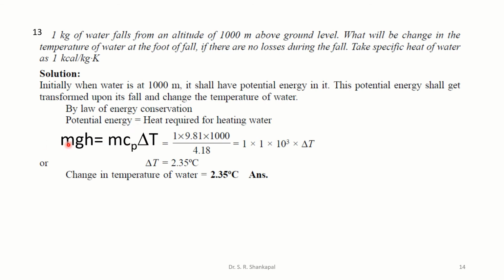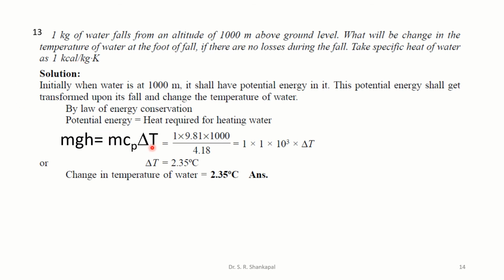m is 1 kg of water. g is 9.81, it's not given, so I take the standard value. h is 1000 meters, since it is falling from that height. So I got mgh. I divide this by 4.18 to convert it into kilocalorie, because he has given the specific heat in kilocalorie.